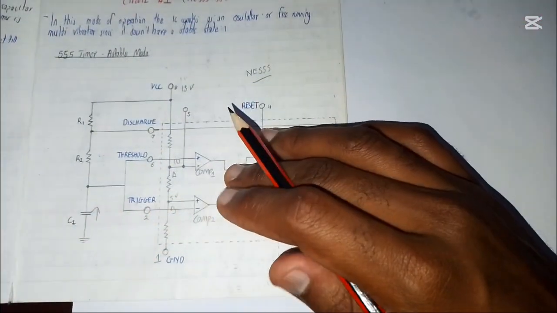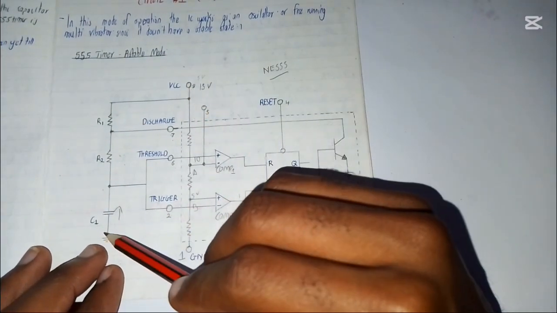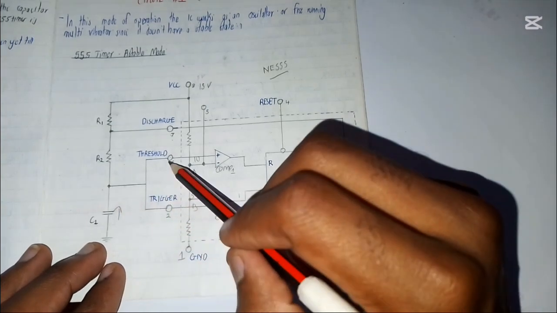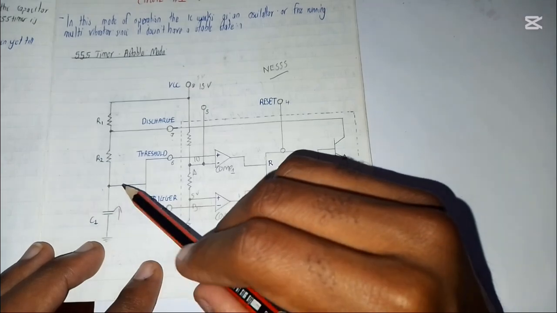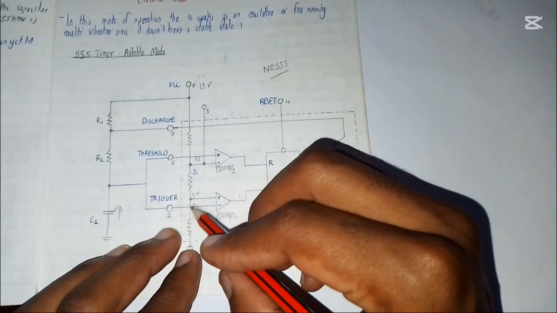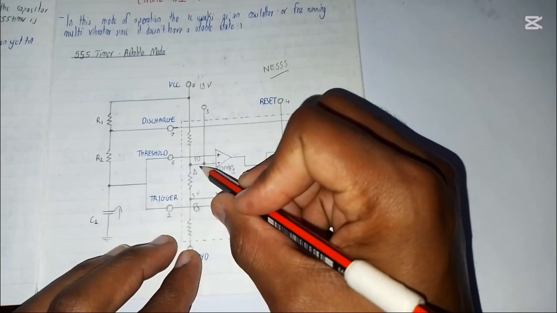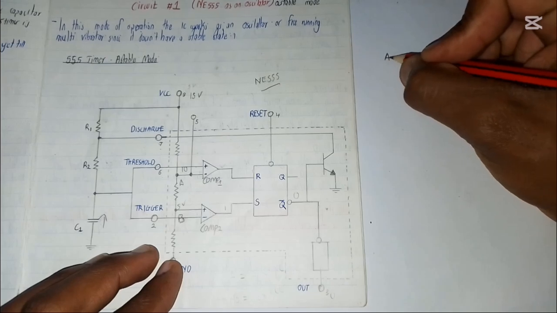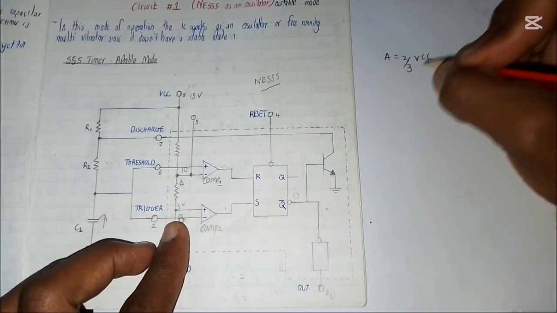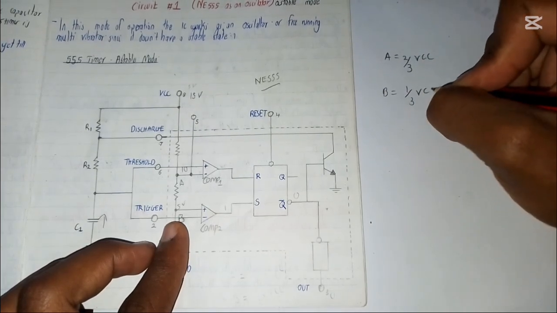So when the capacitor is charging, once you turn on this VCC, the voltage here is low. You can see the trigger pin and the threshold pin are connected together, so the voltage here is low. If you can remember this part, which I've called part B and part A, for part A the voltage there is 2/3 VCC, and for part B the voltage there is 1/3 VCC.